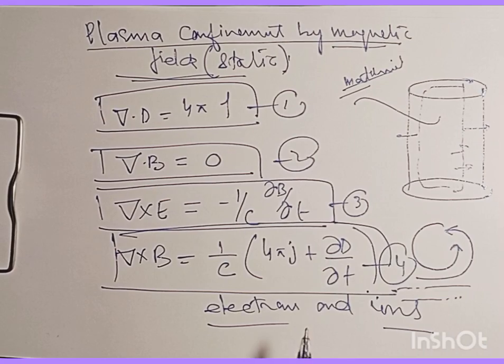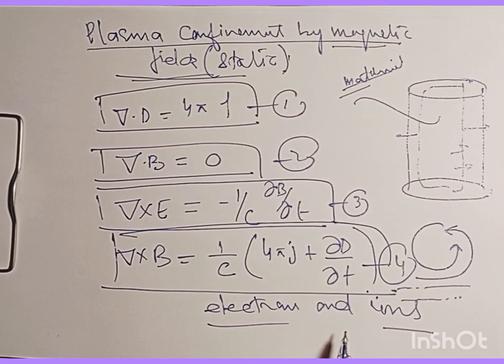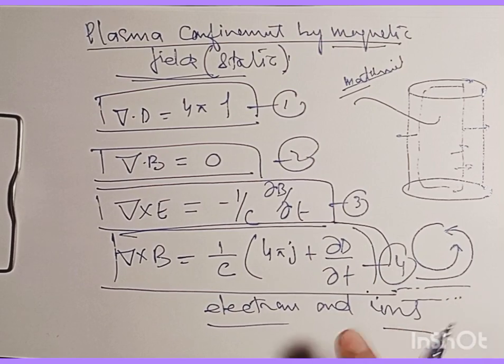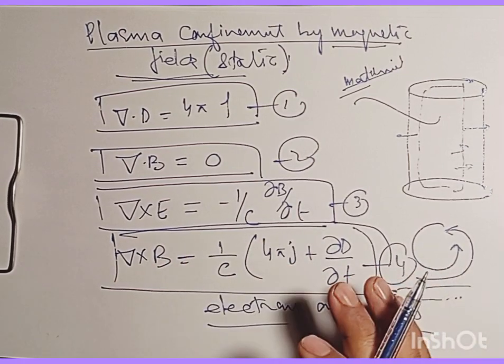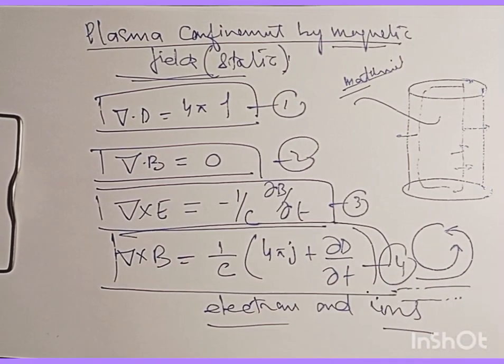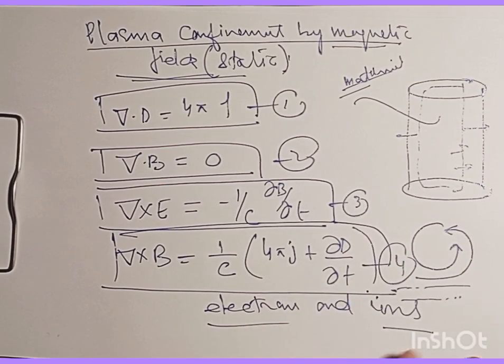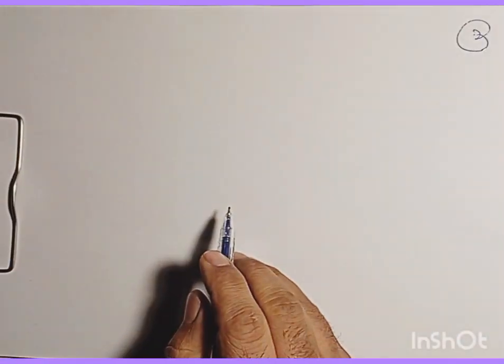In the steady state, the force on all the particles per unit volume is just balanced by the rate of transfer of momentum. This rate of transfer of momentum within the plasma is equal to the pressure gradient.